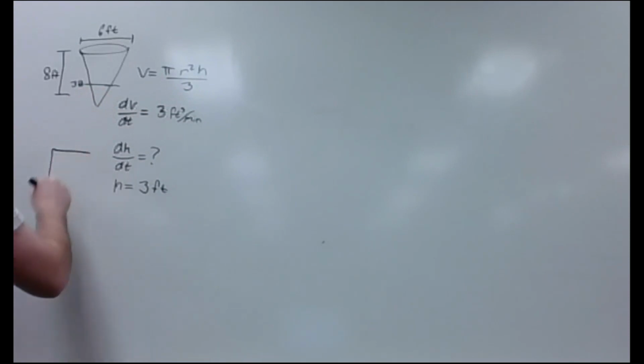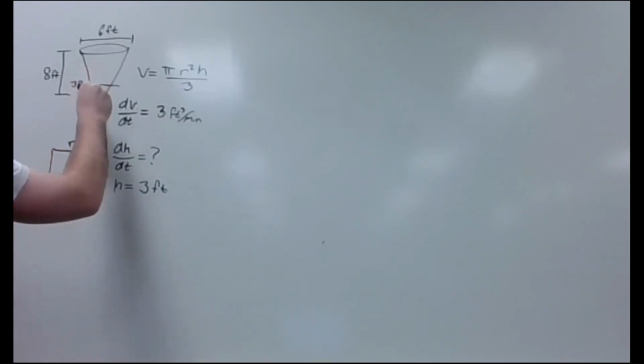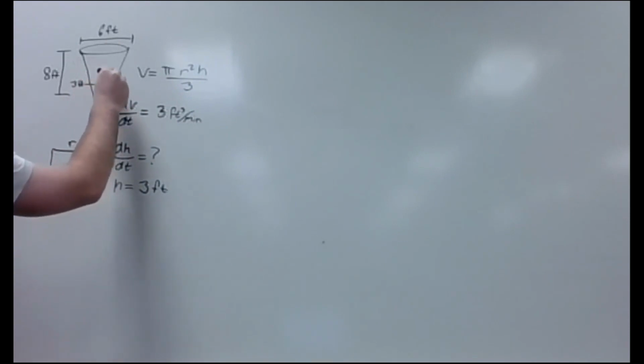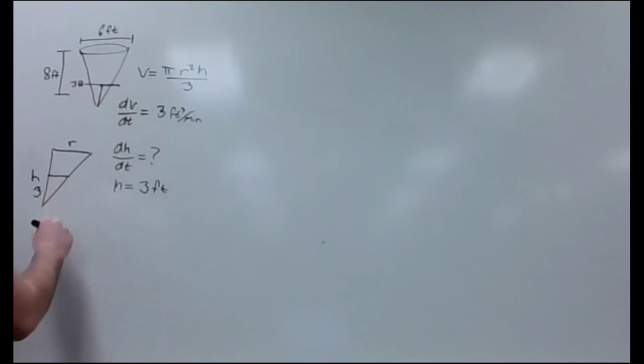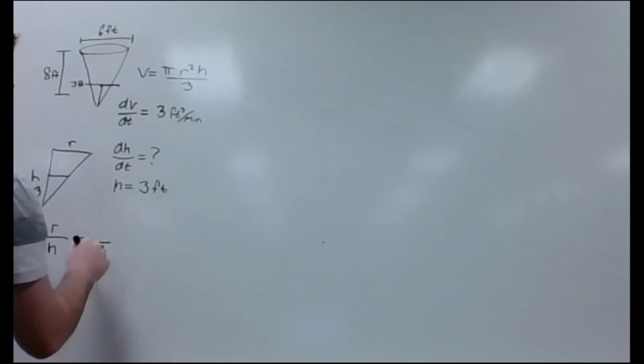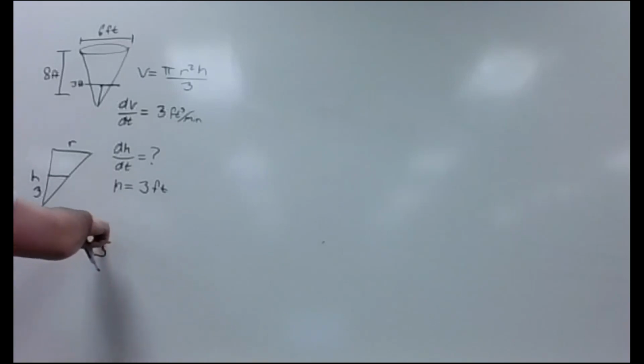So if we take just kind of a side section out of this, and we have this r and we have this h, we have the height is 3, and the radius... so r over h is going to equal this 3.